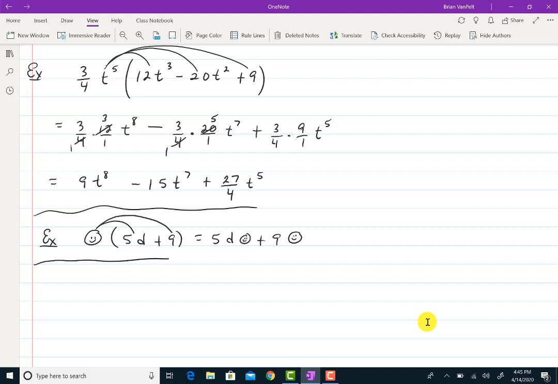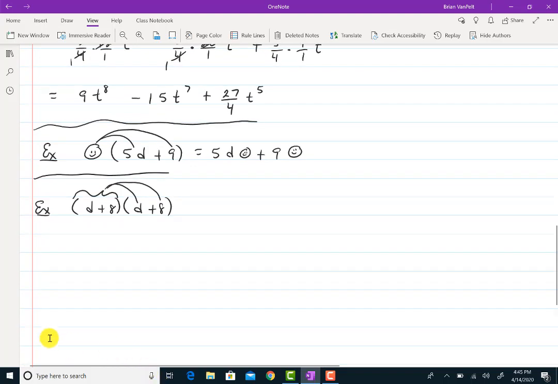So I'm going to use a similar kind of smiley face when I do the following. This time I want you to think of the whole expression d plus 8 as my smiley face. So I'm going to take this whole thing here and multiply it to the first piece and the second piece. So I'm going to use the distributive property to get that.